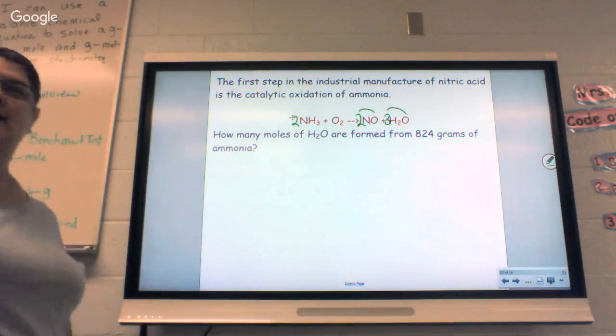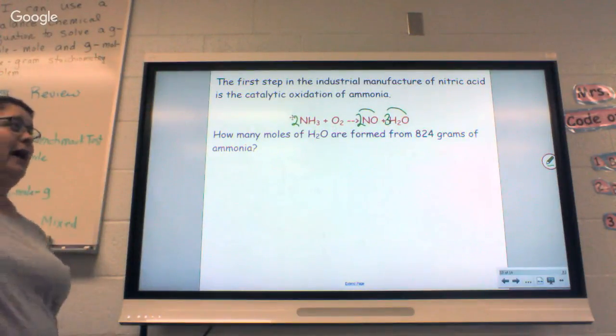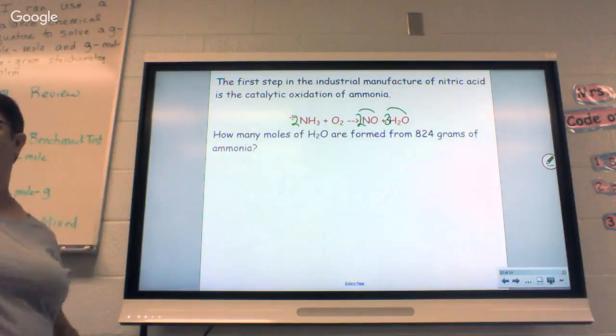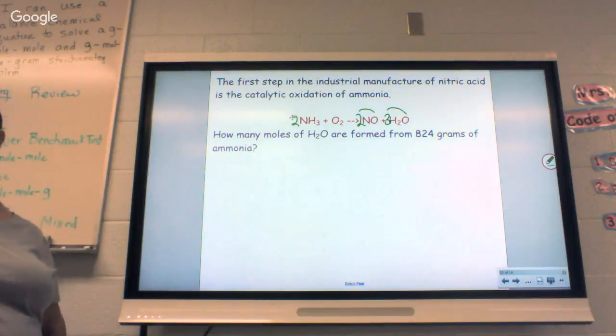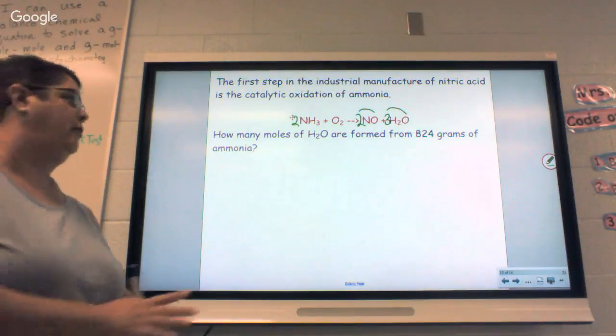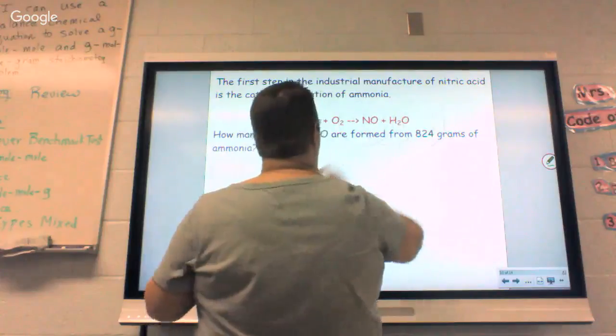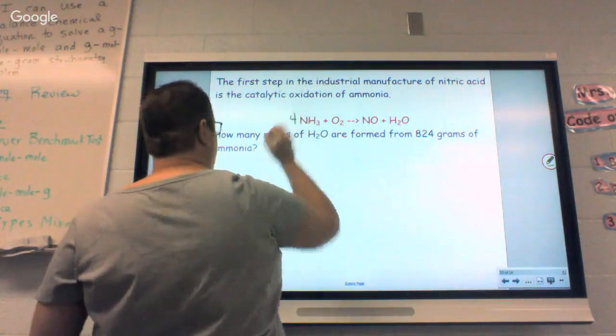Exactly. Now, we already have a 2 on the first compound, so the 2 on the front compound is not going to help us. What did I tell you to do if a 2 didn't work? I told you to go up to the next even number. So get rid of the 2 and go to the next number, which is a 4.